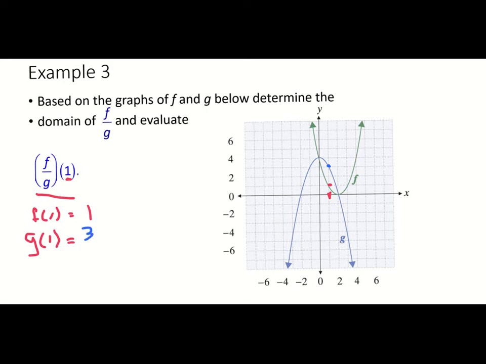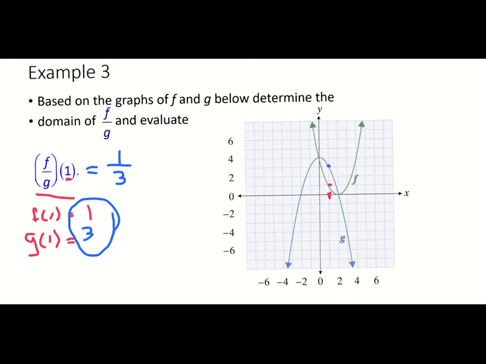Now that we have the y values, just like we did before with the first slide and putting the numbers in, we do f divided by g. So it's going to be 1 divided by 3, or the answer is going to be 1/3. There's not much more that we can do here. And then let's see here. They do want us to find the domain.